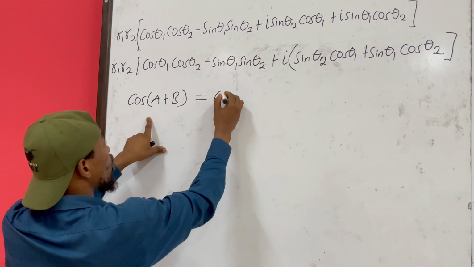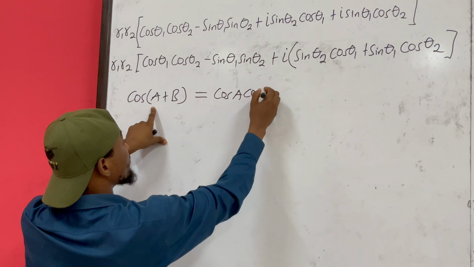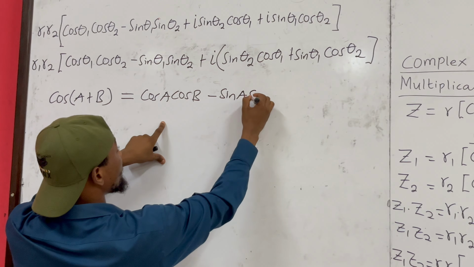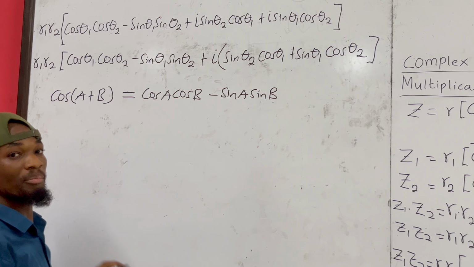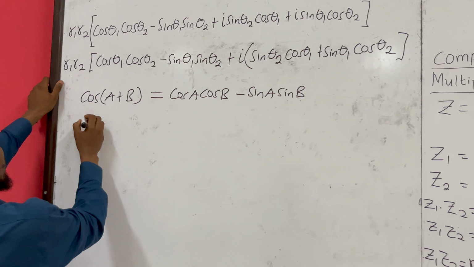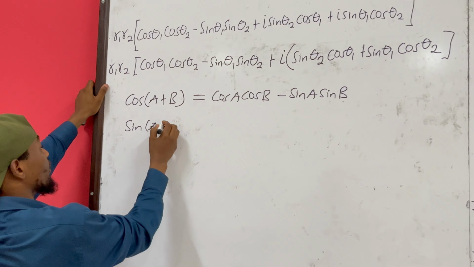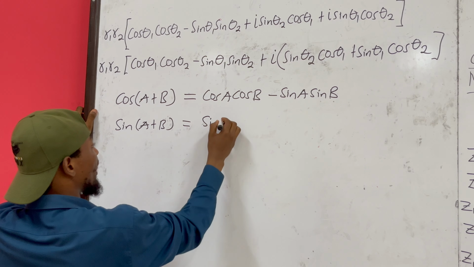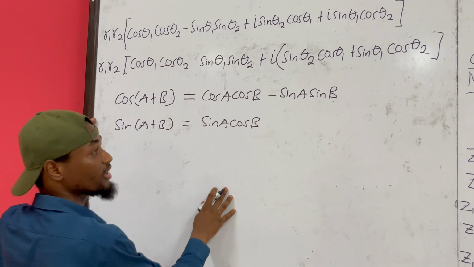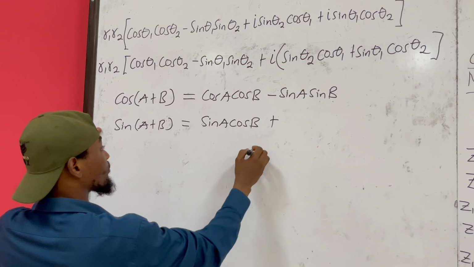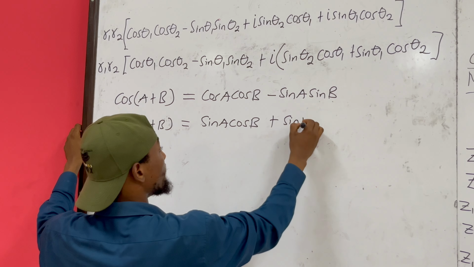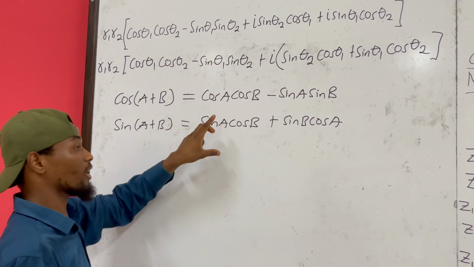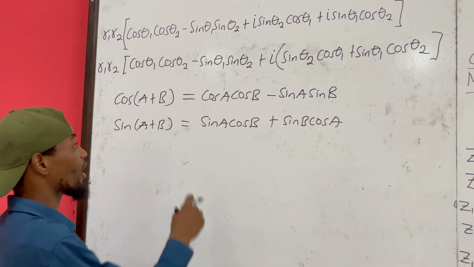When you expand this, we get cos A cos B, then minus sine A sine B. Also, we know that sine of A plus B is the same as sine A cos B, then plus sine B cos A. This is a trig identity, okay? So you have to know this.